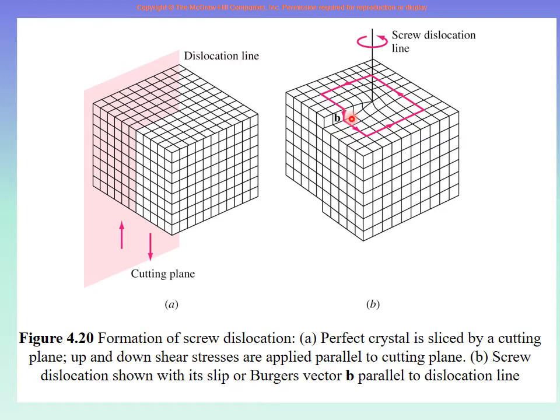So the Burgers vector b is now on this shear face. And this type of force, when applied, is called a screw dislocation. One plane of atoms is moved relative to the other plane of atoms. So between the two planes of atoms, there is a shear force, right?